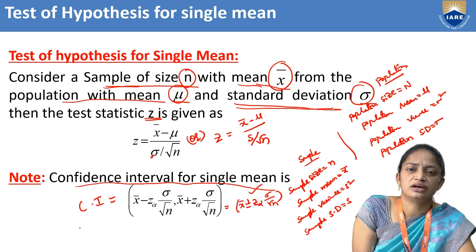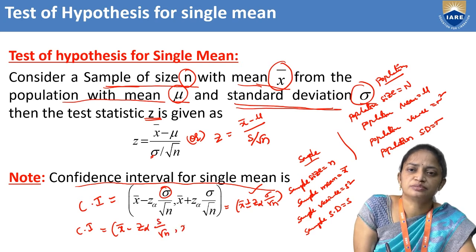Sometimes they will give sample standard deviation. In that case, the confidence interval is x bar minus z alpha into s by root n, comma, x bar plus z alpha into s by root n, which can also be written as x bar plus or minus z alpha into s by root n.